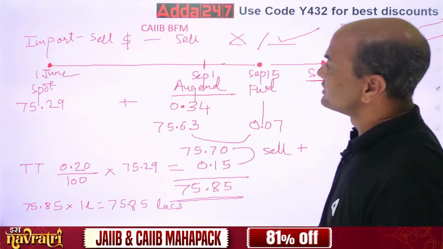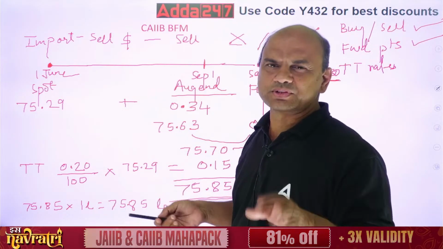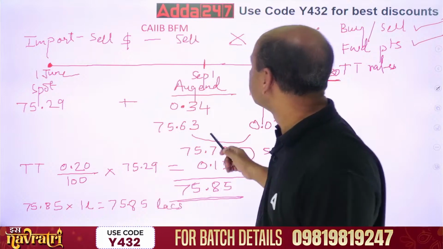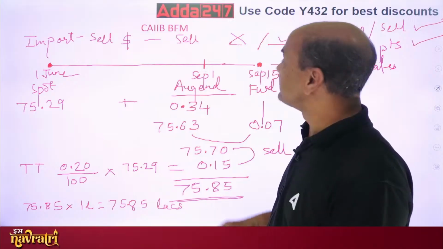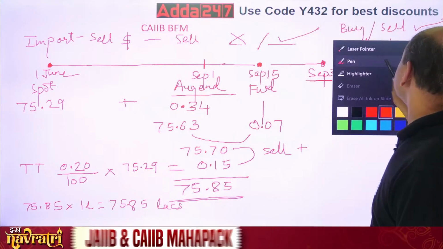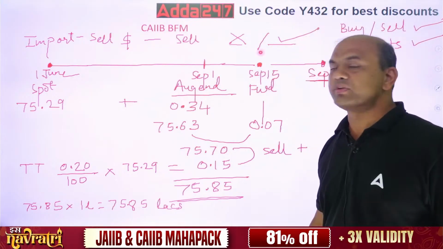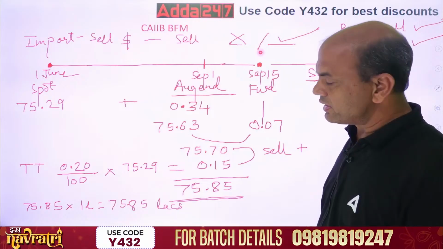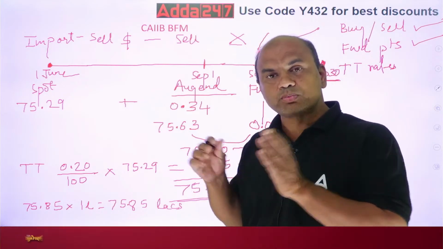Say this. Let's say this date is anything. We don't know the date. Let's take it 1st June. This forward transaction is happening when? September 15th. So I have to book the rate for September 15th. Now, whenever I have to book the rate for September 15th, I'll have to see 2 parts.